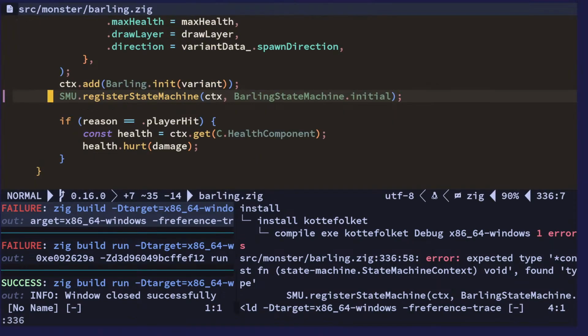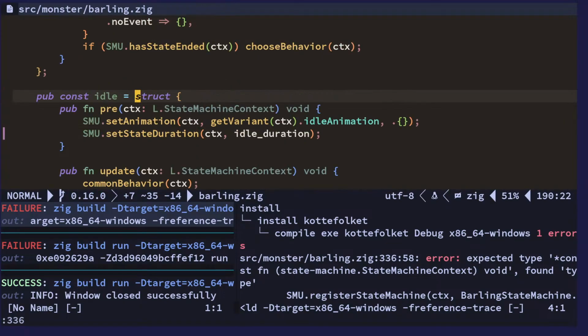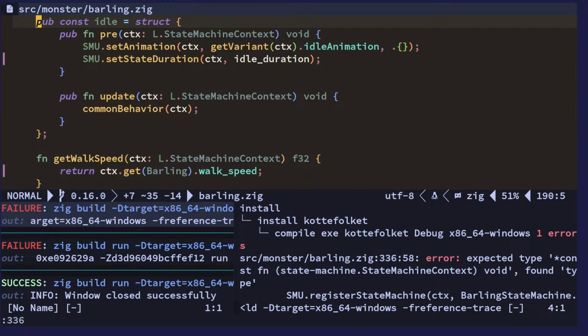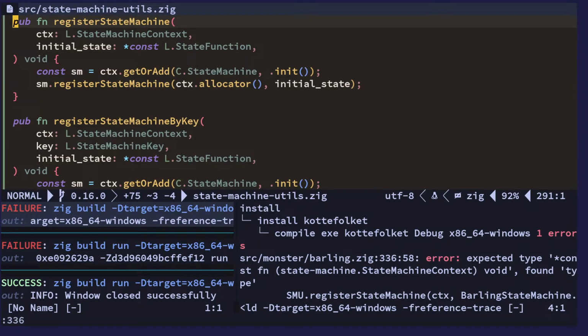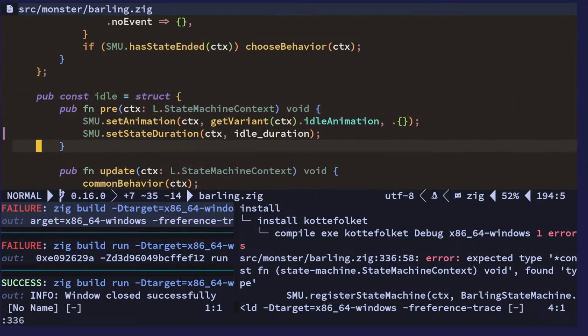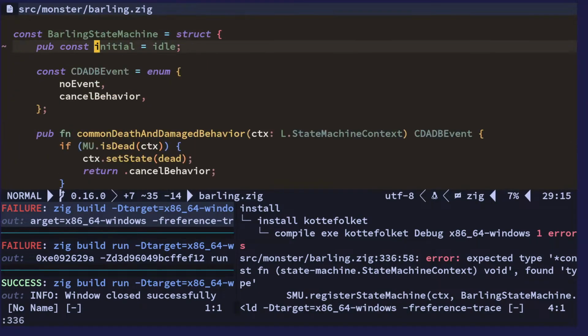Okay, fine. Let's just make initial be the thing it was before. So let's just make this into a function.